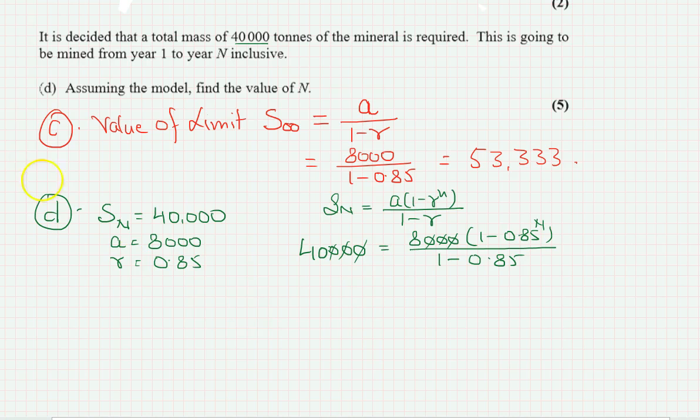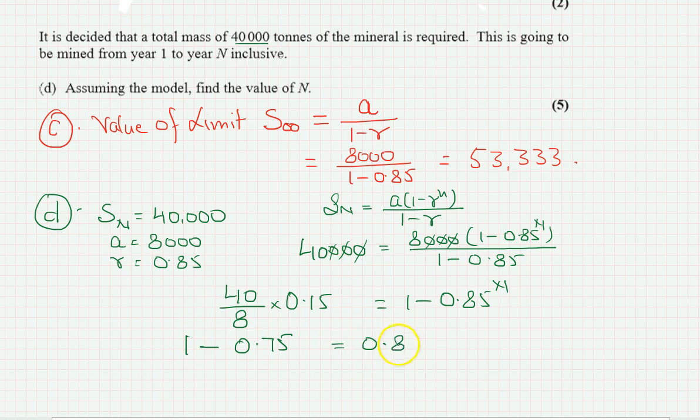So we will have 40 divided by 8 multiplied by 0.15 is equal to 1 minus 0.85 to the power n. 8 times 5 is 40, so this is 0.75. So 1 minus 0.75 is equal to 0.85 to the power n. So that is equal to 0.25.